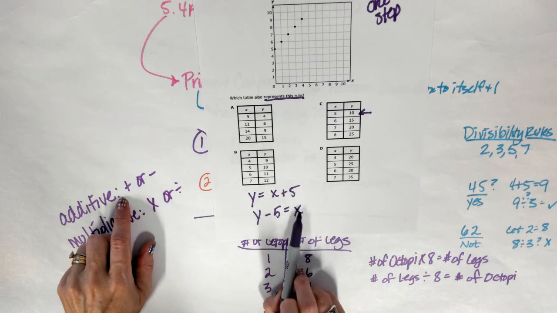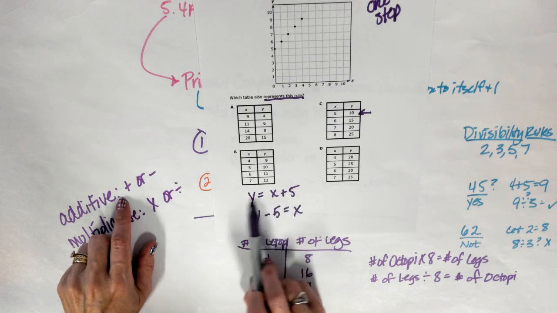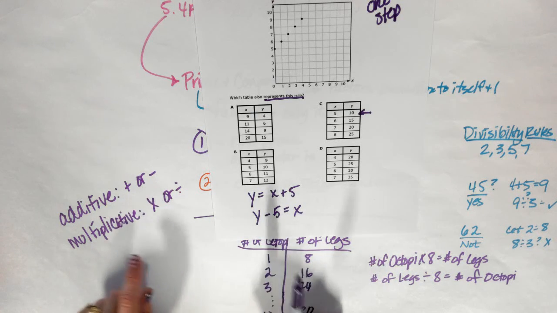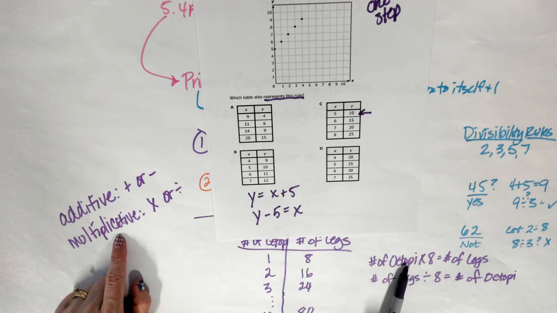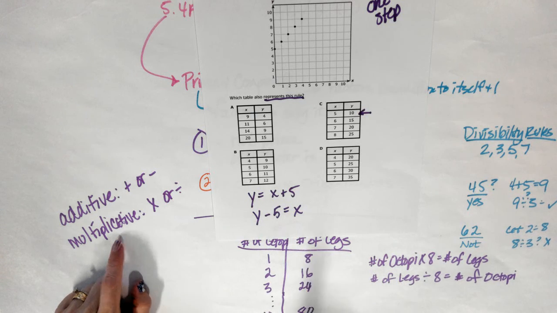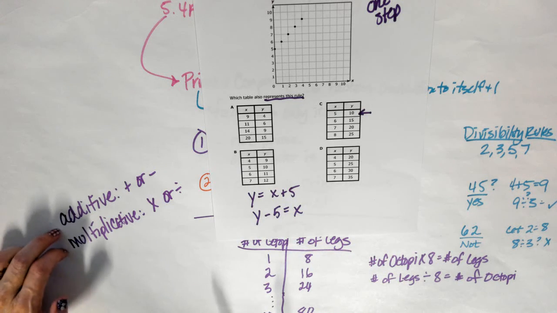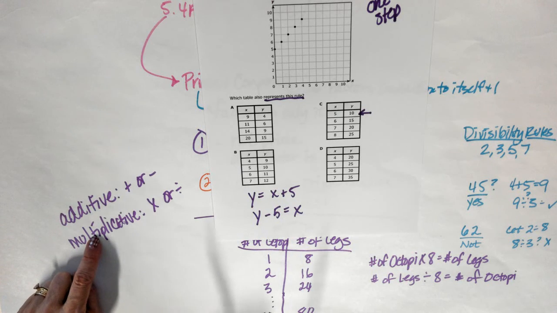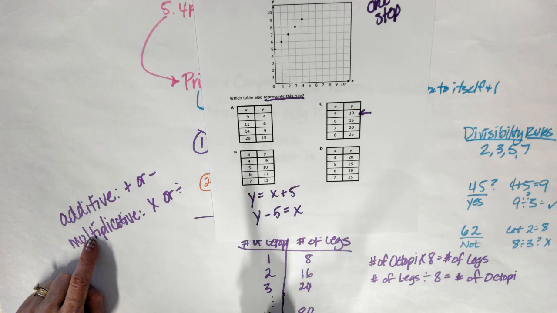It's additive because I can write the rule as an addition statement, but I can also write that rule as a subtraction statement. Multiplicative, I can write the rule as multiplication, or I can write that rule as division. So I want to make sure kids know that additive and multiplicative, which is usually one of the simpler things for kids to pick up on, has to have both operations, so it can be either or.